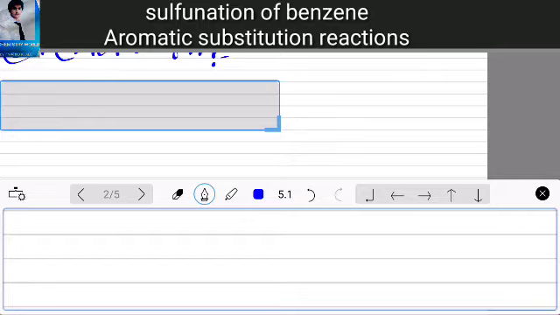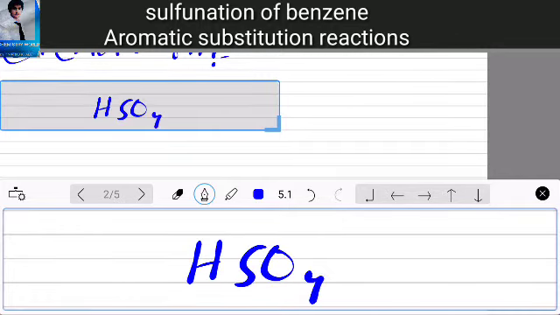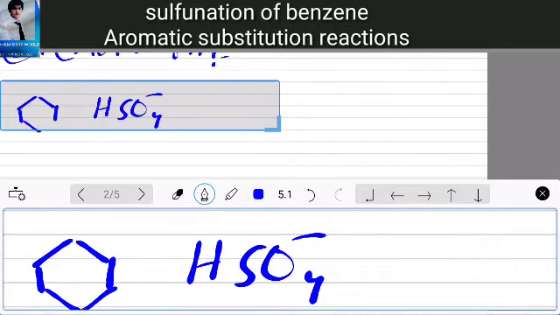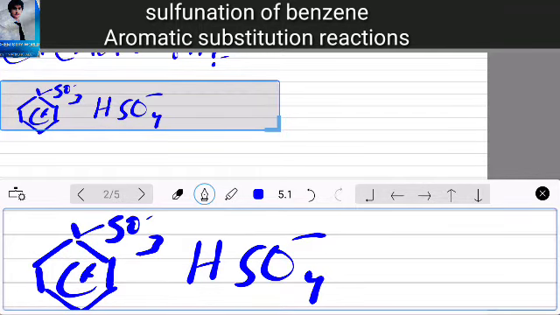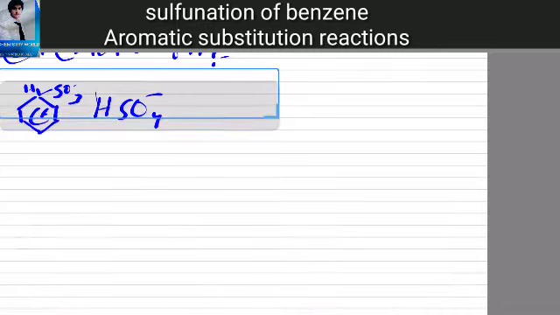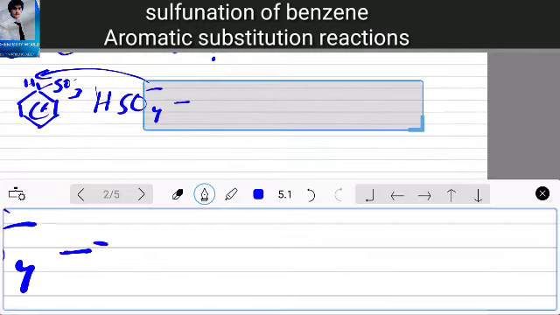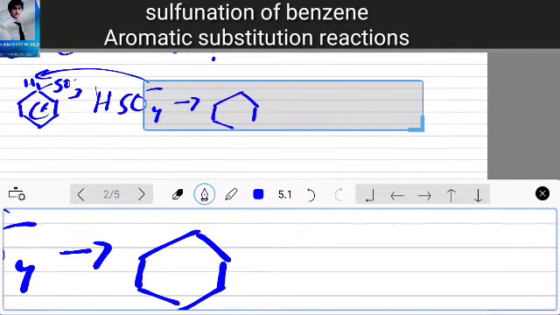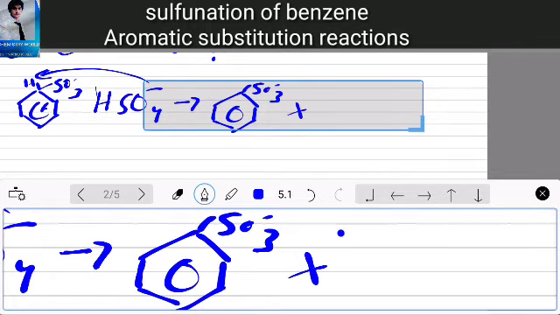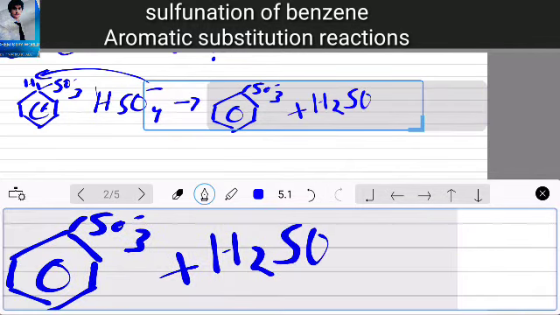As we already know that we have HSO4 negative. It attacks on the H, here SO3 negative and here is H. So its oxygen attacks on this H and we can get SO3 negative plus H2SO4.